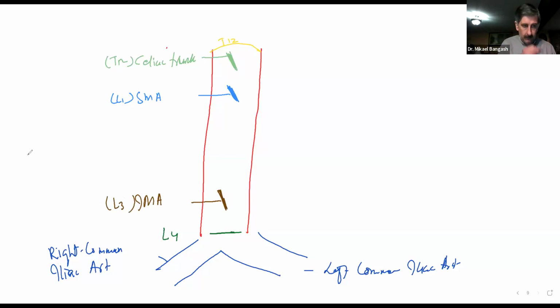Now, guys, some of our paired arteries. Which means they're going to be the renal arteries, and they are going to branch off at the level of L2.